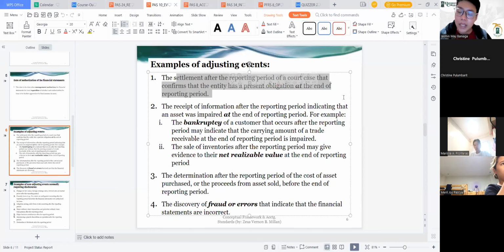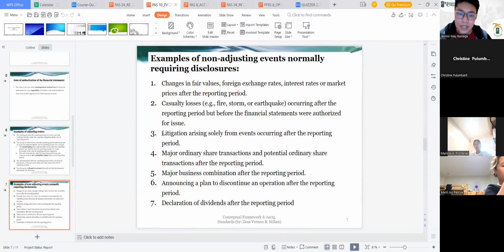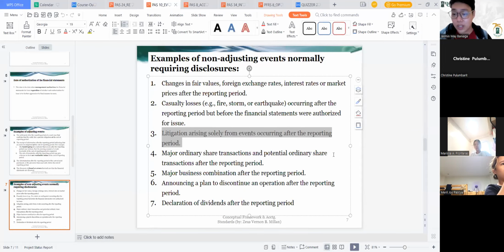But the origin happened really within the current period of year 2022 in our sample. So it's an adjusting event a while ago. Here, the said case really happened after the reporting period. So it's just a non-adjusting event for year 2022 FS, and you need to, of course, settle the obligation for year 2023 already.